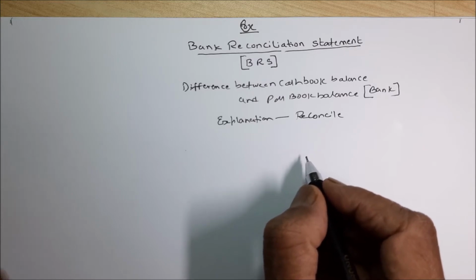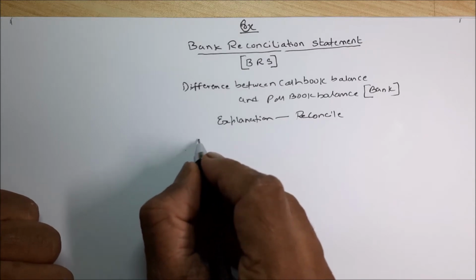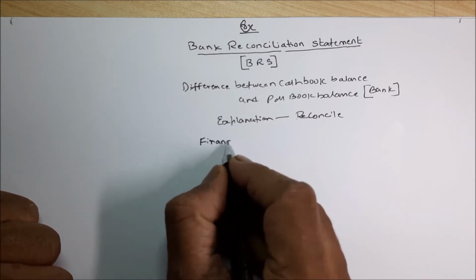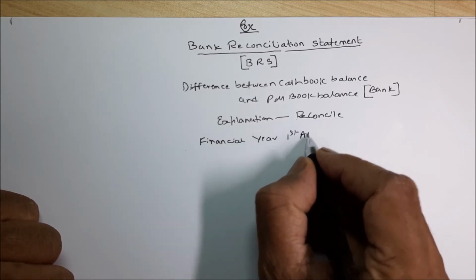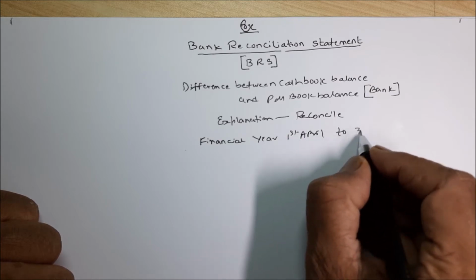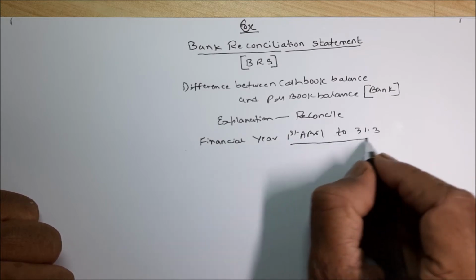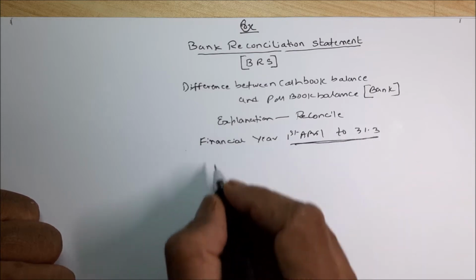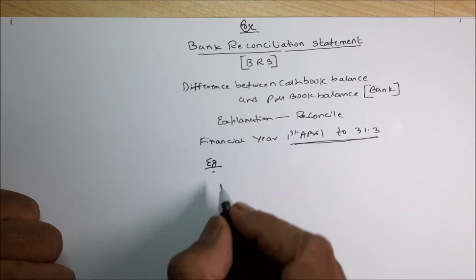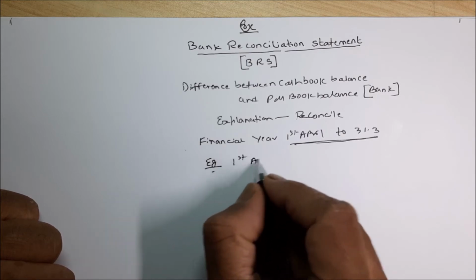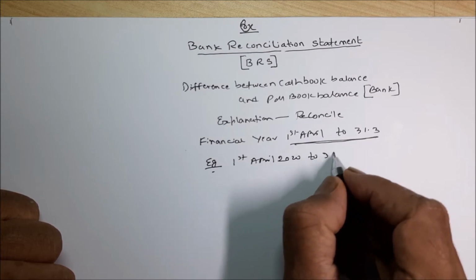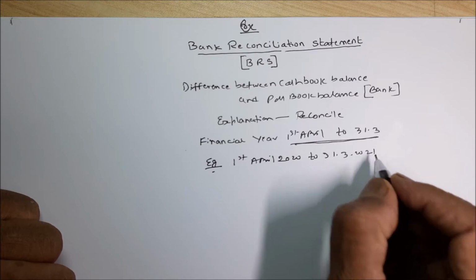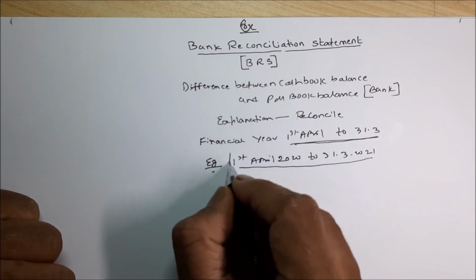Now the next question is how it appears. It is very simple. We know that we have a financial year. What is a financial year? That is from 1st of April to 31st of March, every year. Let us take one example, 1st of April 2020 to 31st of March 2021, one year.